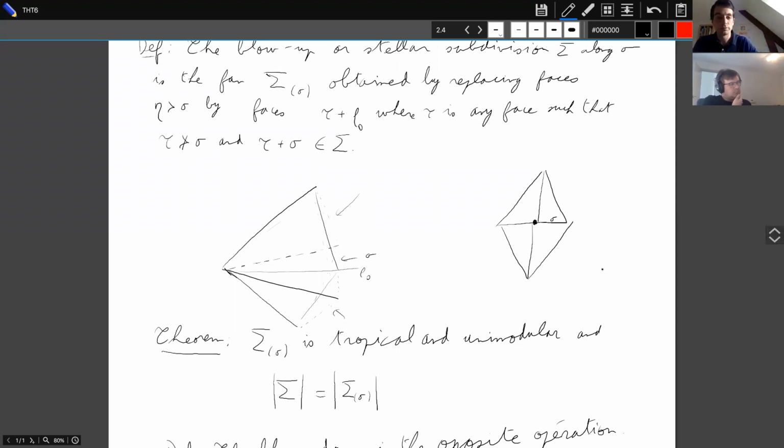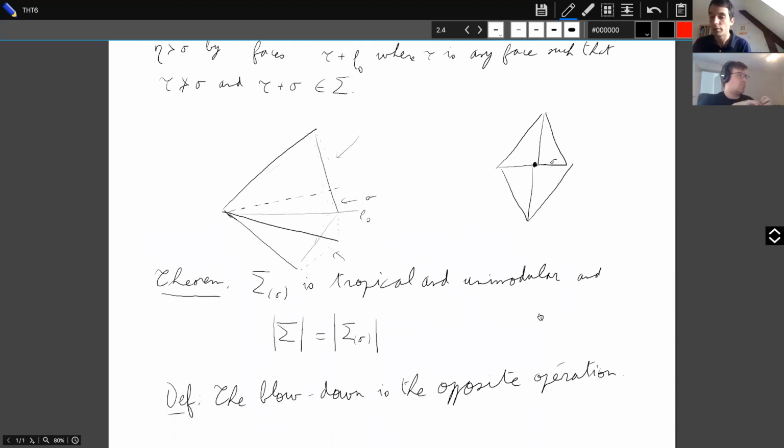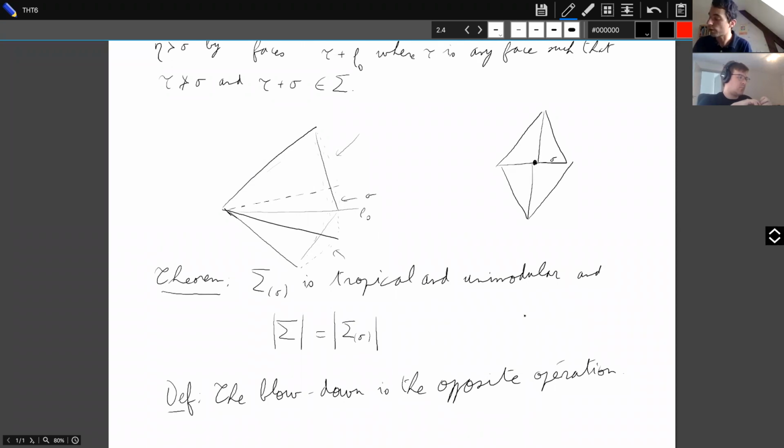Okay, is that clear? Okay, so we call it the blow-up because CP sigma blow-up along sigma is the blow-up of CP sigma along the stratum.